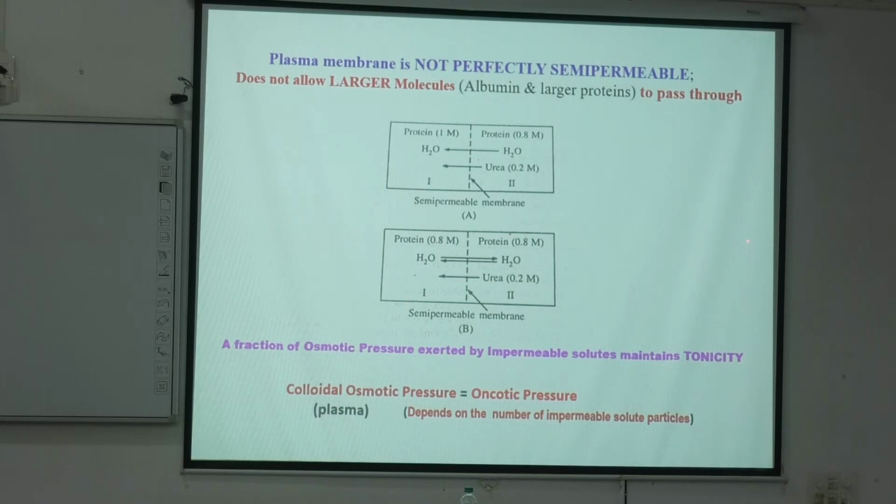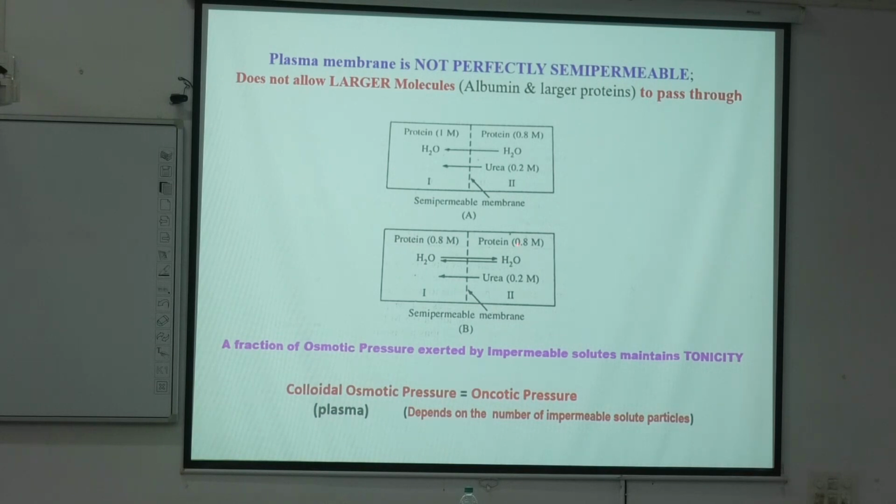Is this part clear? A part of the osmotic pressure exerted by the impermeable solute, in this case the protein molecule, not urea, and therefore this solution is isoosmotic, but compared to this one, this is hypertonic.